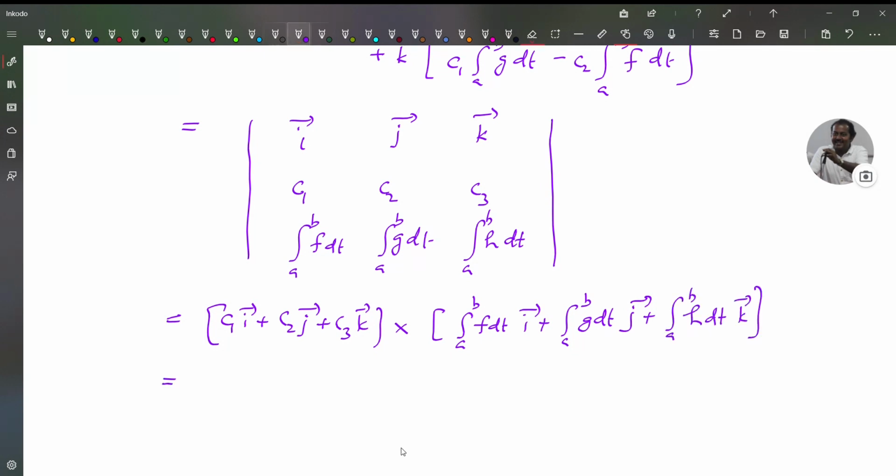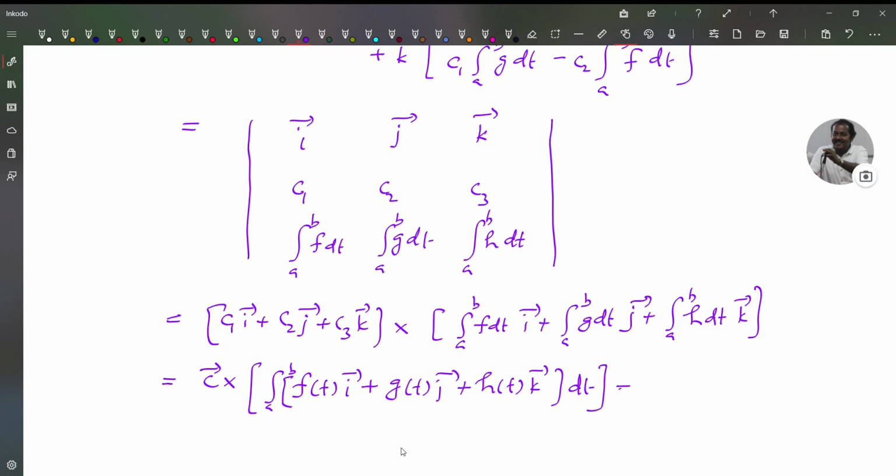So that is equal to c cross the integral from a to b of f of t i plus g of t j plus h of t k dt. So this is c cross the integral of r of t dt. So this proves the cross product rule.